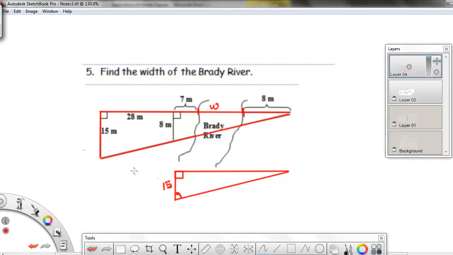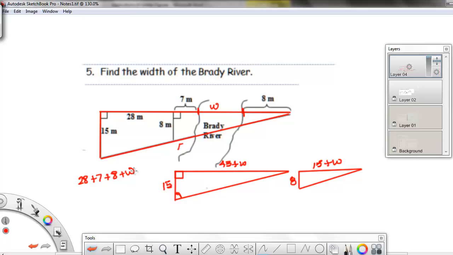We'll have 28 plus 7 plus 8 plus W. So this entire width of this triangle is 43 plus W. This will be 7 plus 8 plus W. So the length of this side here will be 15 plus W, and the height will be 8.